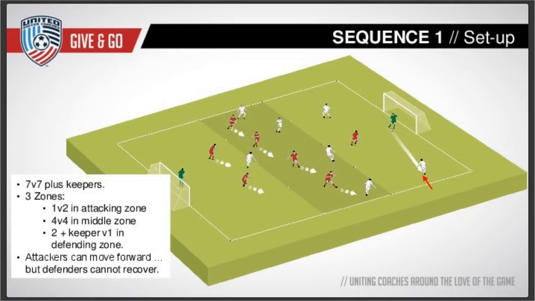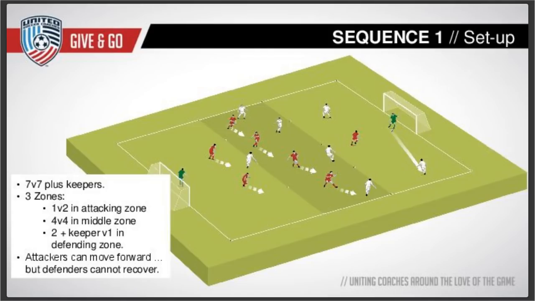The reason we have that is to give the white team an opportunity to progress outside of their defending zone. And the rule is, because we're focusing on defending, the white team in possession can progress in and between zones by moving forward, but the red team, once the ball has left their zone, cannot recover into a deeper zone.